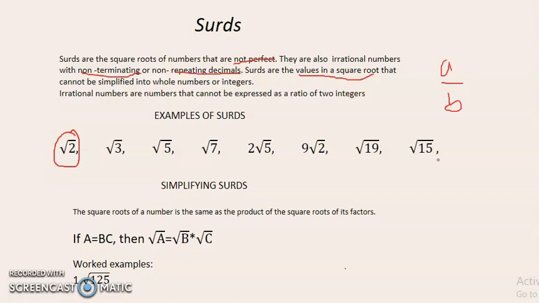The mere presence of a number under a square root doesn't make it a surd. There are numbers that are perfect. So, for example, the root of 4 is not a surd because 4 is a perfect square. The answer will give you an integer, that is 2. So that's how you identify surds.